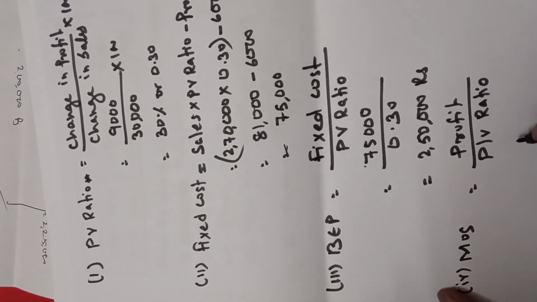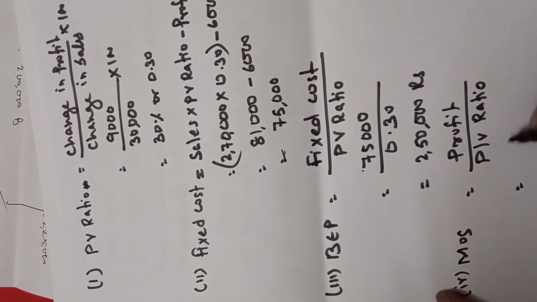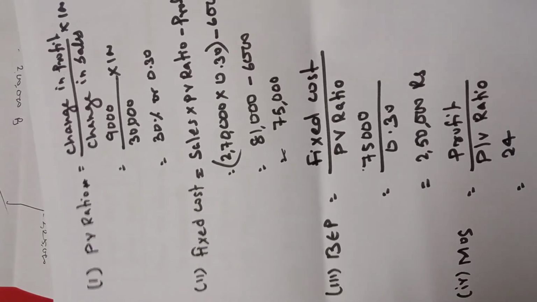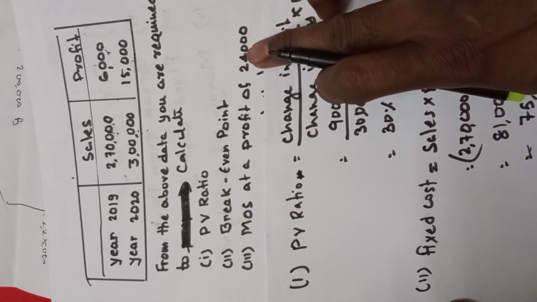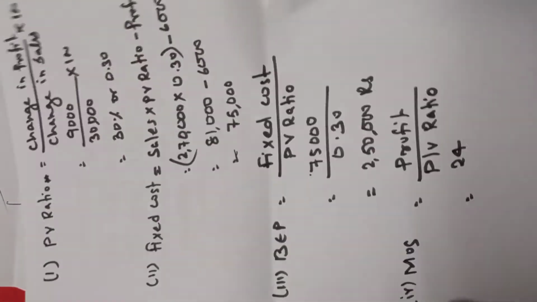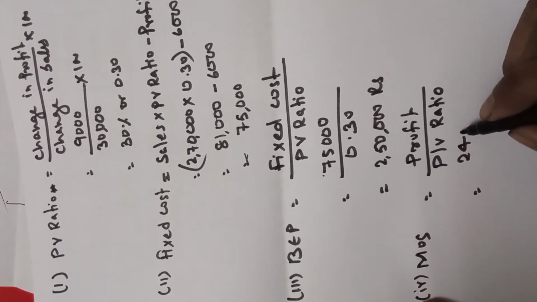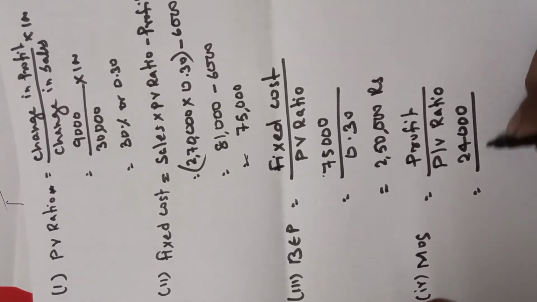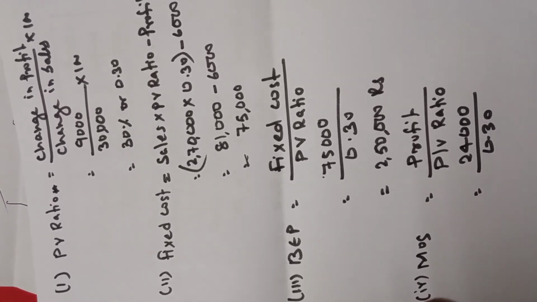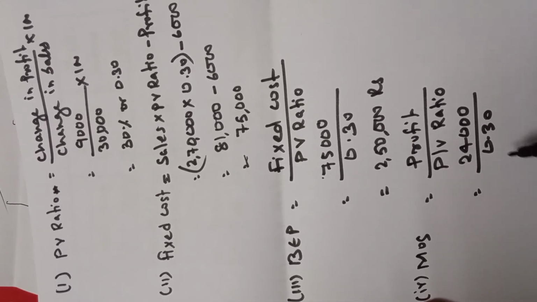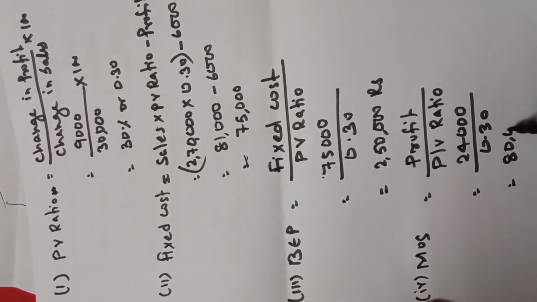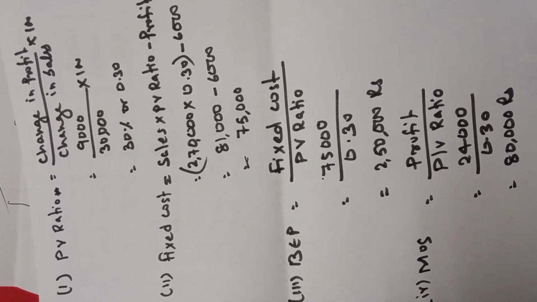We have to calculate the margin of safety at a profit of rupees 24,000, so 24,000 divided by 0.30, you will get 80,000 rupees. That is the margin of safety.